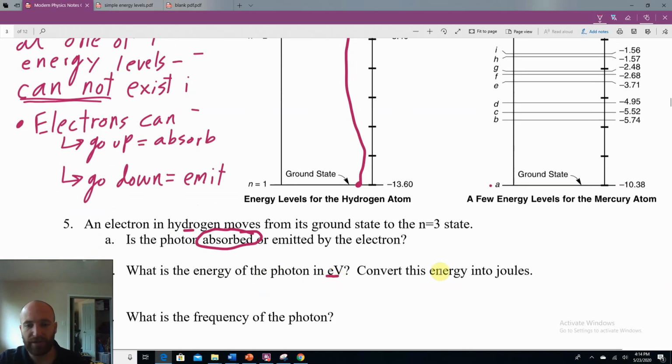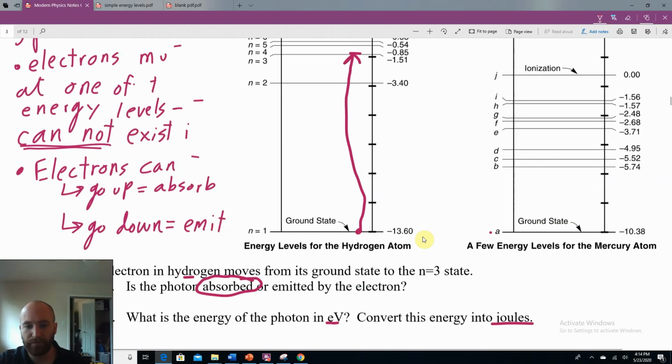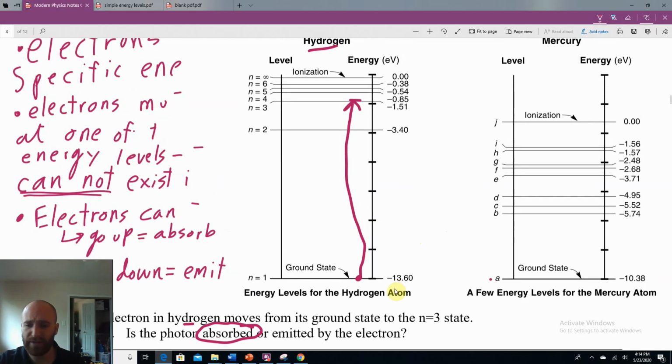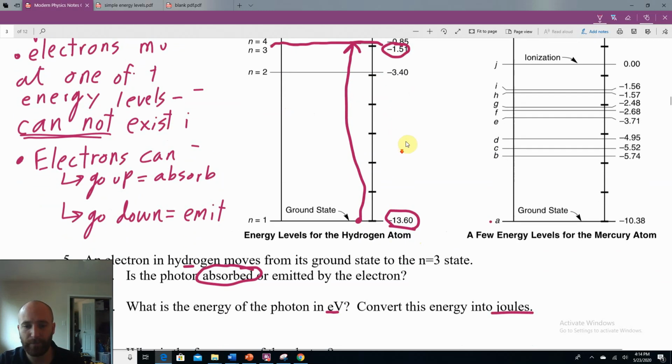What is the energy of that photon in electron volts, and then we're going to convert it into joules. Alright, to figure out electron volts, let's do this. It starts at negative 13.6. It ends at n equals 3, that's this one right here, and you do have to read these a little bit carefully. It ends at, I think, negative 1.51.